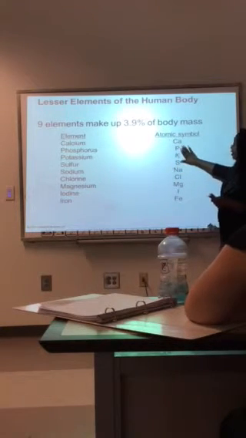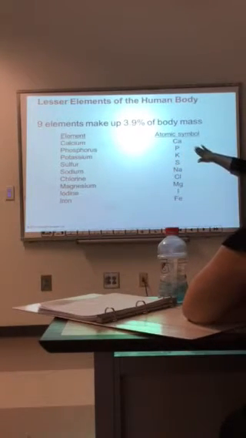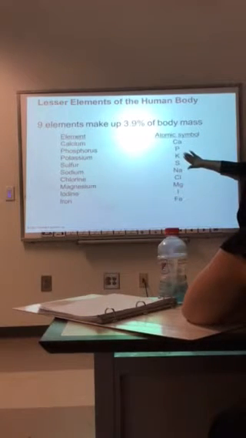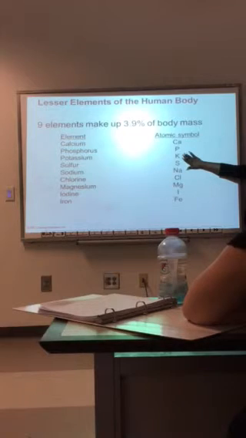Phosphorus. We don't talk about phosphorus that much when it comes to the bone, but phosphorus is also for bone maintenance. Potassium. If you have the least amount of potassium found in the body, you end up having muscle spasms.